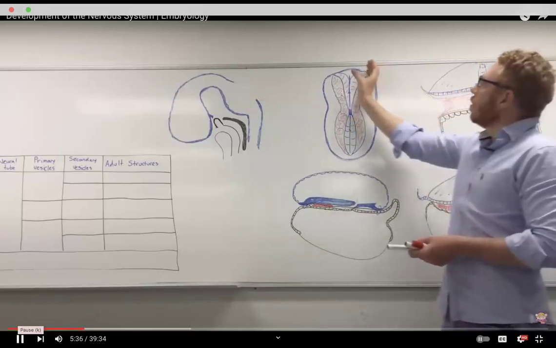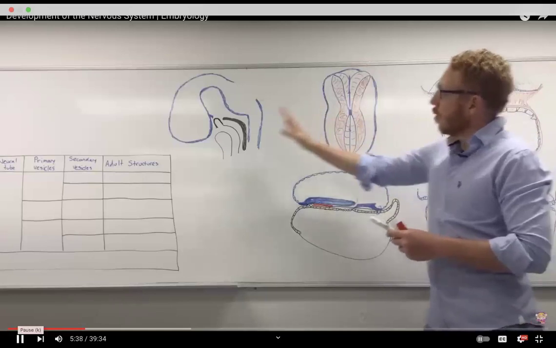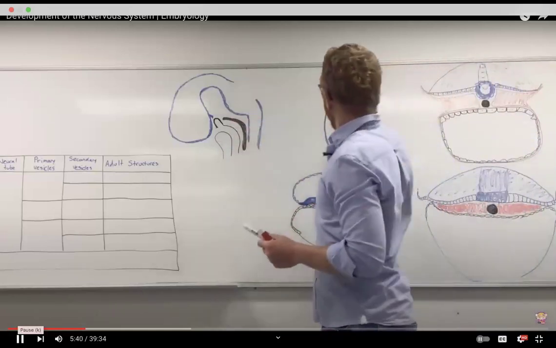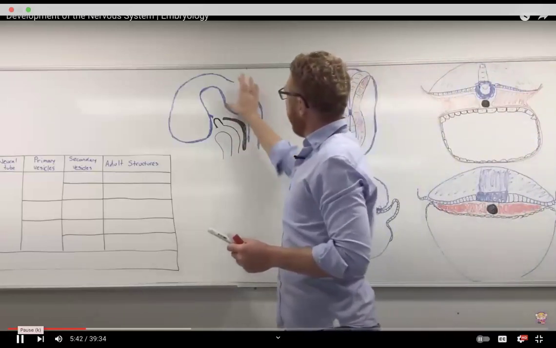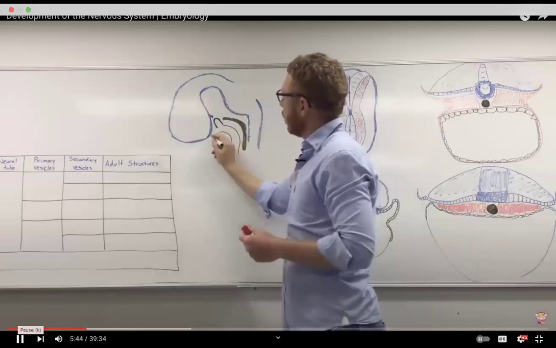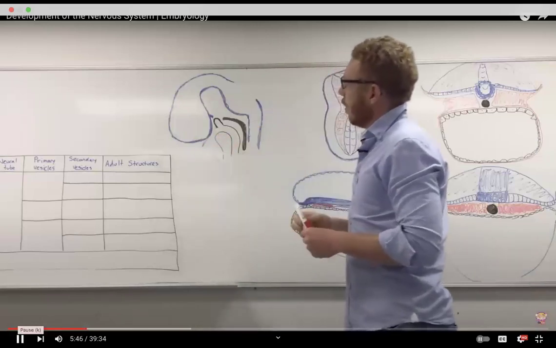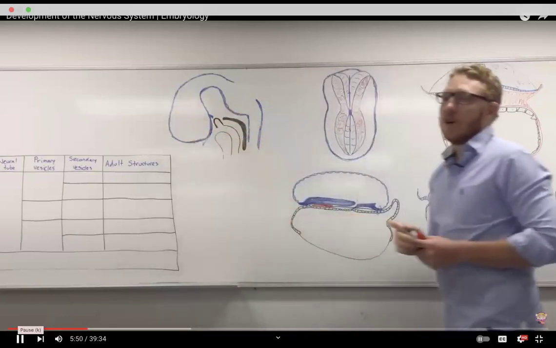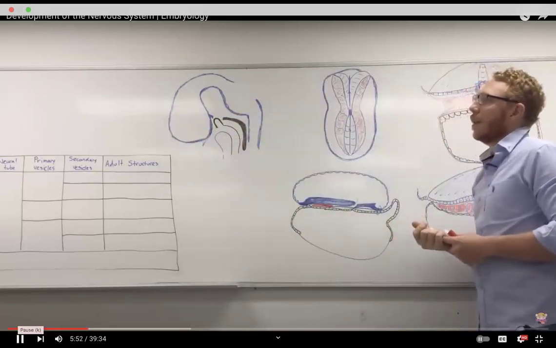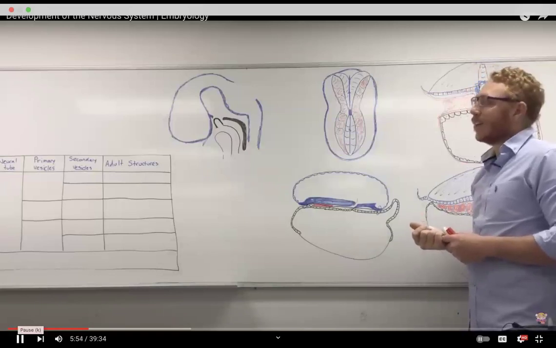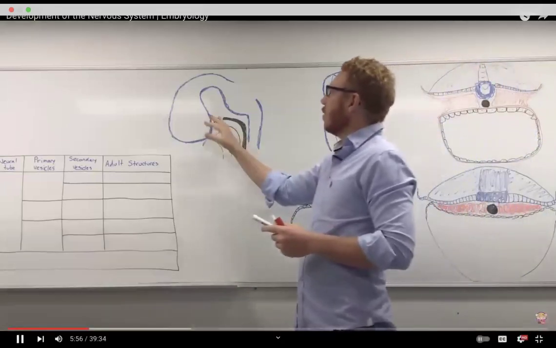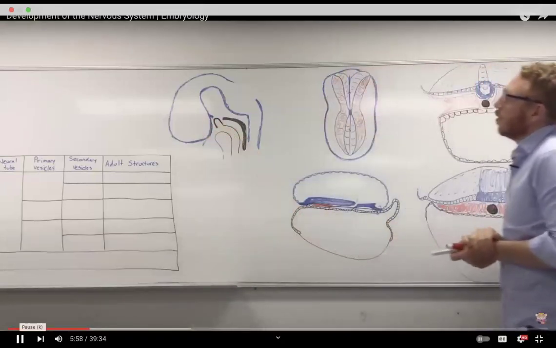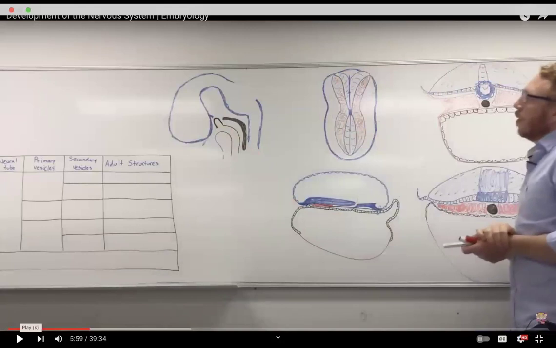Where it closes cranially, if we go across to this image, this is the neural tube here, it will close about there. In the adult, that's a structure known as the lamina terminalis, which is getting close to the pituitary gland. Isn't that interesting?